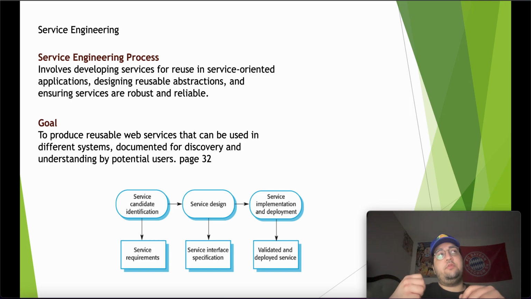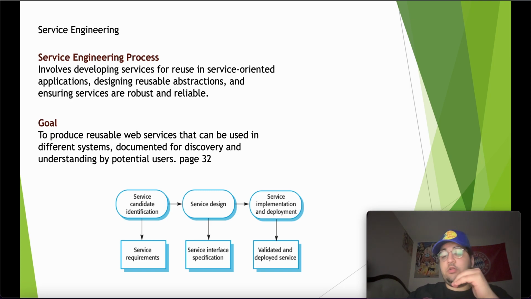For example, for online banking, I want transferring, I want to look at my funds, I want to apply for credit cards, I want to pay my bills, all of these things. So first you want to know what you need to do and what the requirements are to fulfill it, like how many people am I expecting to use my service.